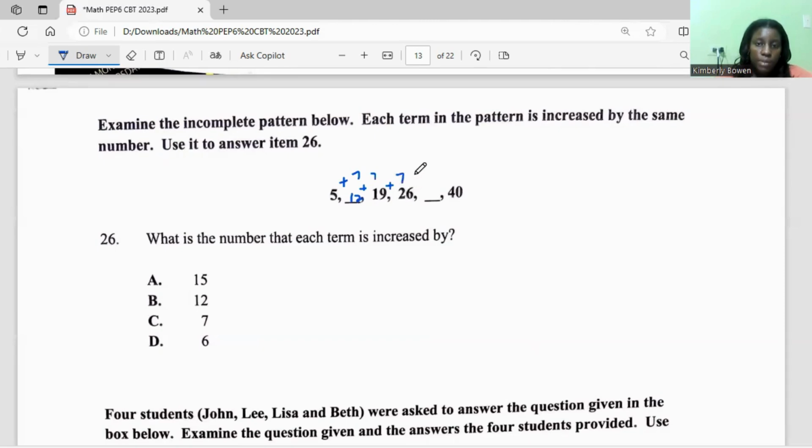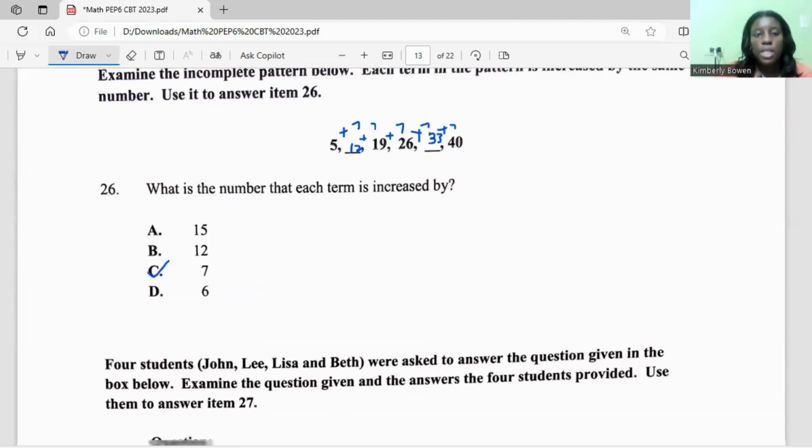And 26 plus 7 is 33. And 33 plus 7 is 40. So the correct answer is 7. Move on to the next question.